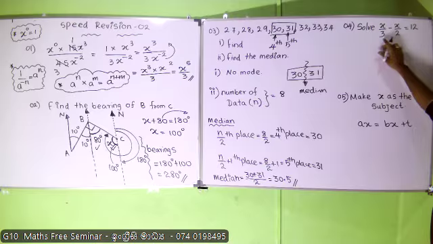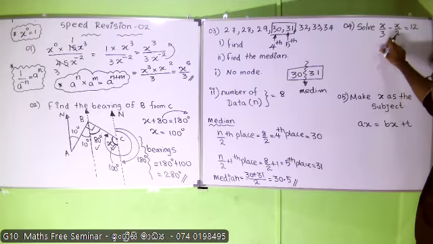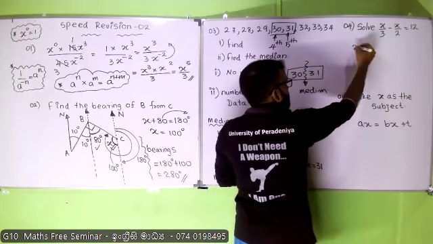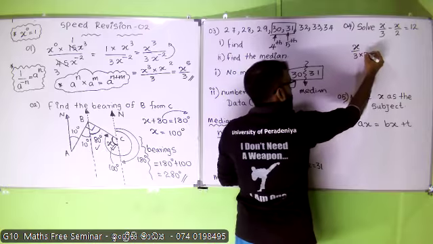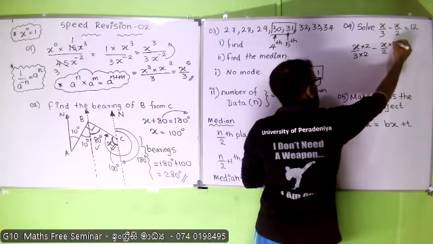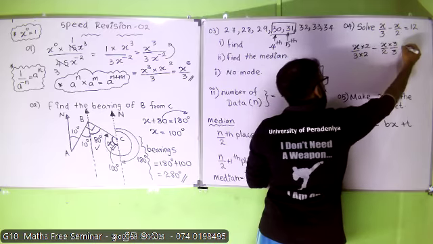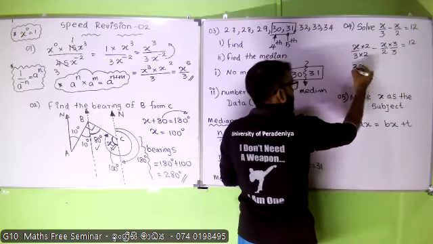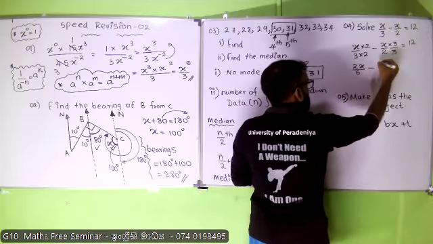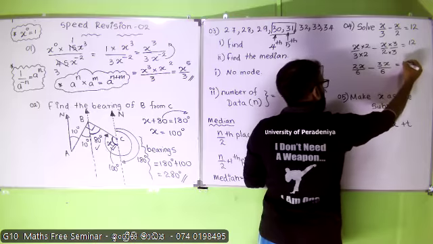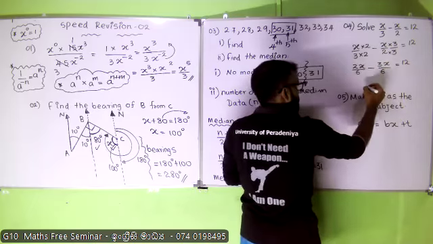Two fractions, with denominators 3 and 2. They have different denominators, so you need to find the LCM of these. The LCM will be 6. So x upon 3 multiplied by 2, minus x upon 2 multiplied by 3, equals 2 times 6, which is 12. The common denominator will be 6.